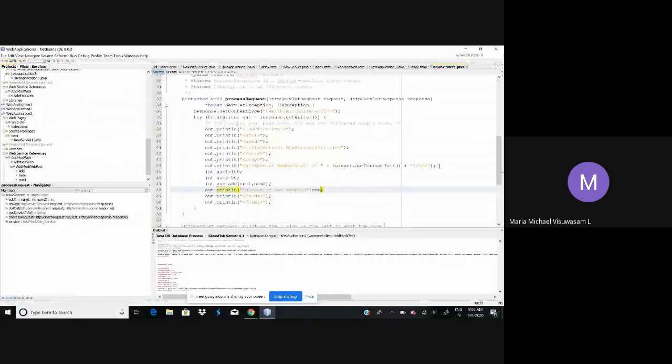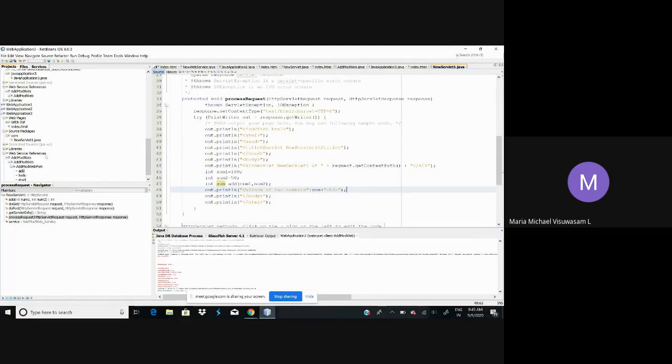Sum. Now the implementation has been completed. So actually we have not written any logic for addition of two numbers. We have just consumed the web service that we have created already.